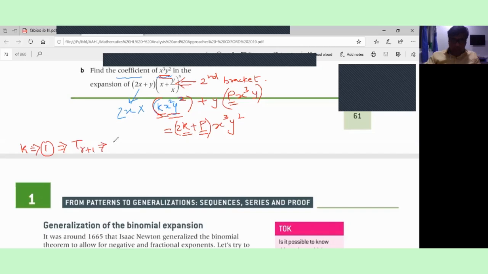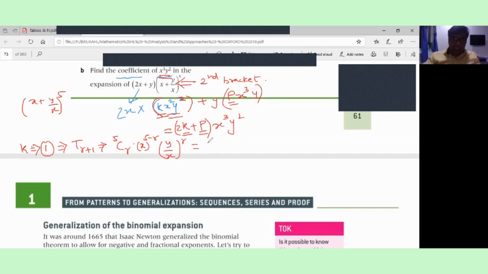The (r+1)th term of this expansion is, I will have 5 because this bracket is raised to 5. I'm talking about this bracket, guys. X plus y by x, the whole raised to 5. Right? Okay. So it is 5Cr into first term x raised to 5 minus r into y by x raised to r.